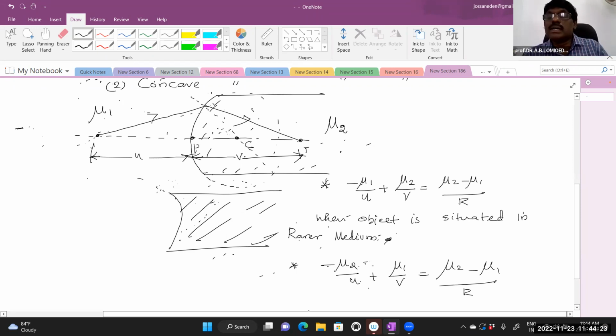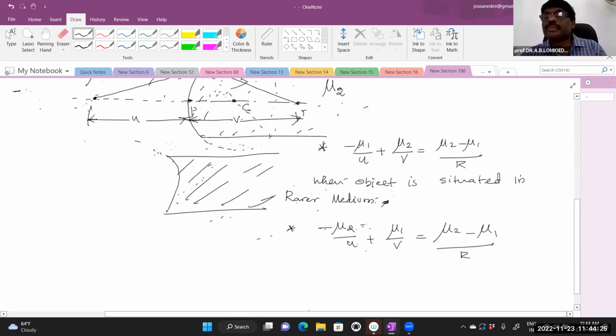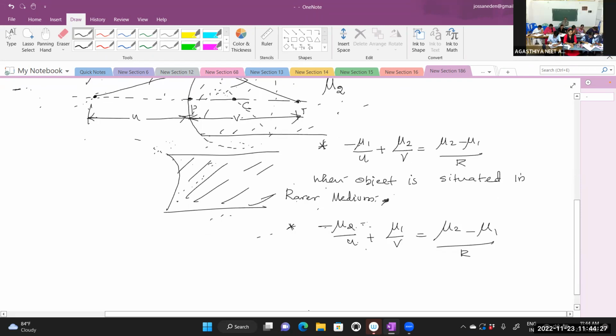The above formula is used when the object is placed in the denser medium.